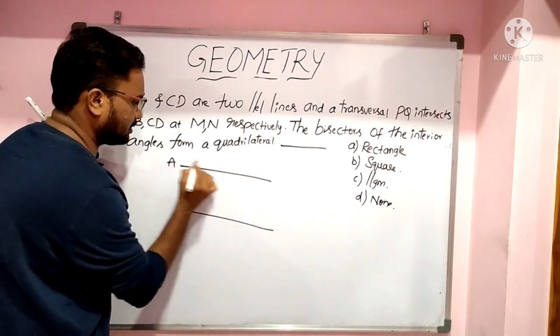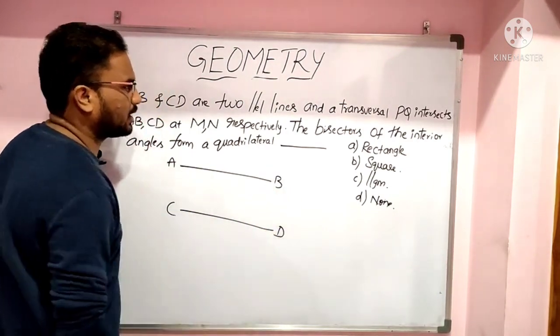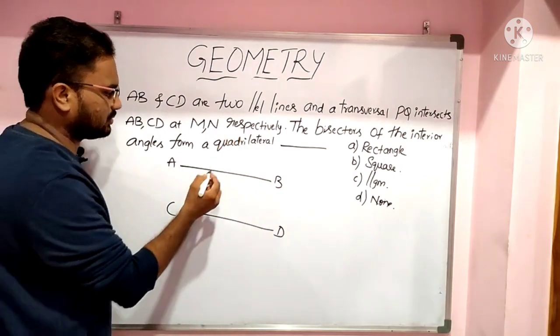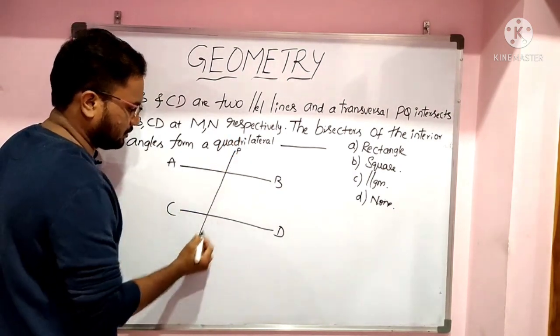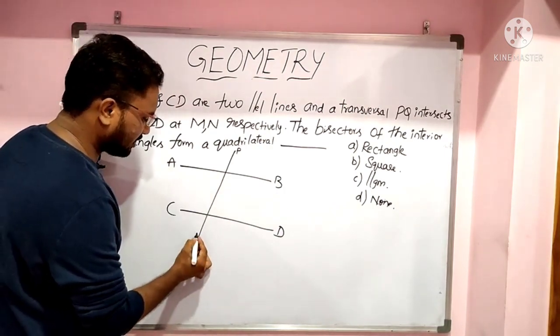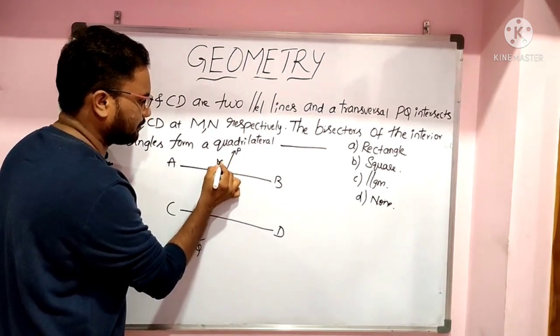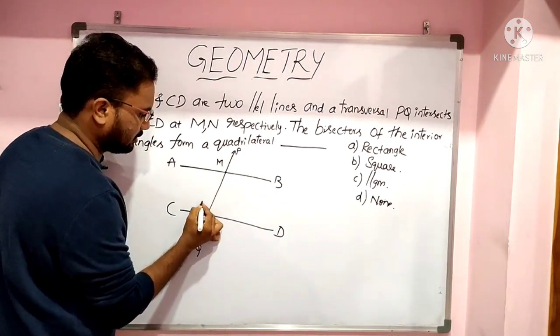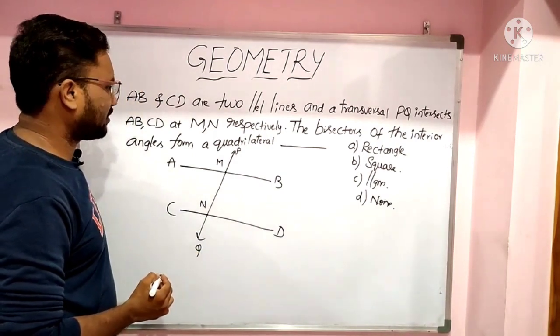This is AB and this is CD. AB and CD are two parallel lines, and this is the transversal PQ, which intersects AB and CD at M and N respectively. The bisectors of the interior angles form a quadrilateral.